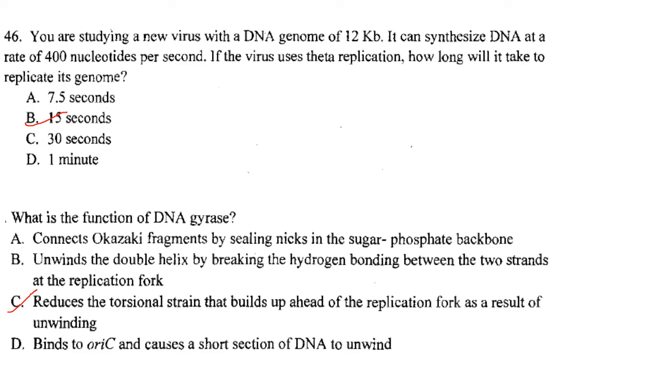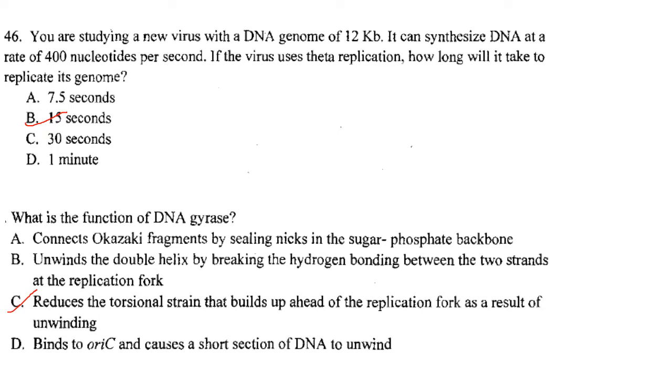That is 400 plus 400. So 800 base pairs will be synthesized in 1 second, so 12,000 base pairs, that's 12 kb, will be in 15 seconds. So answer is option B, 15 seconds.